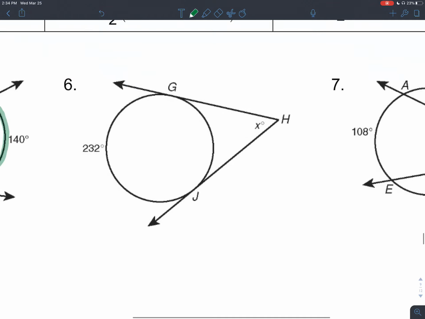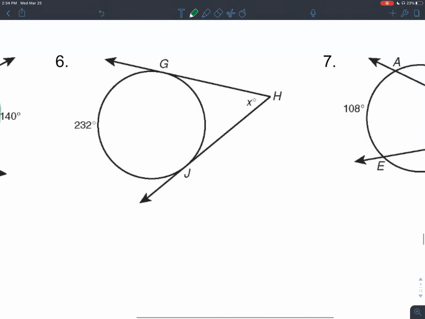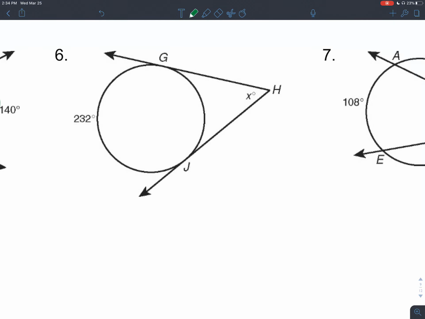This one. Oh, interesting. Okay. So it didn't give us this arc right here, but we can figure it out, right?